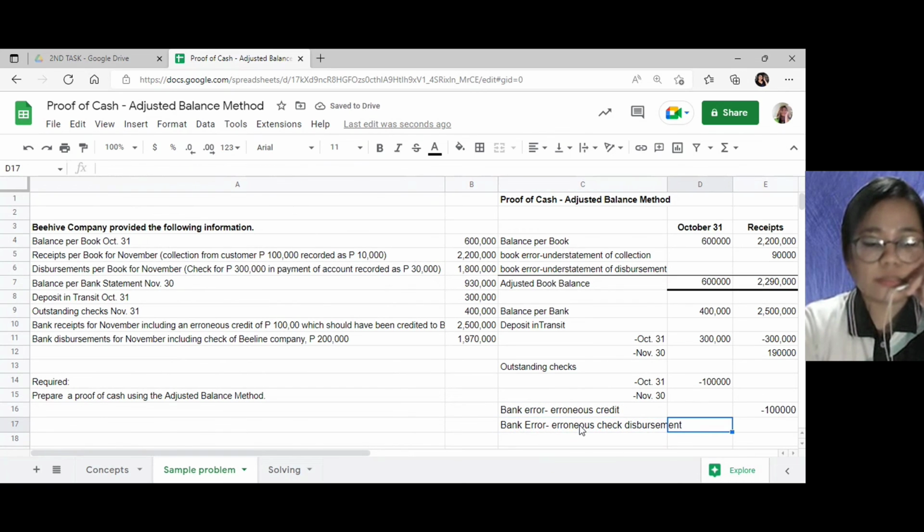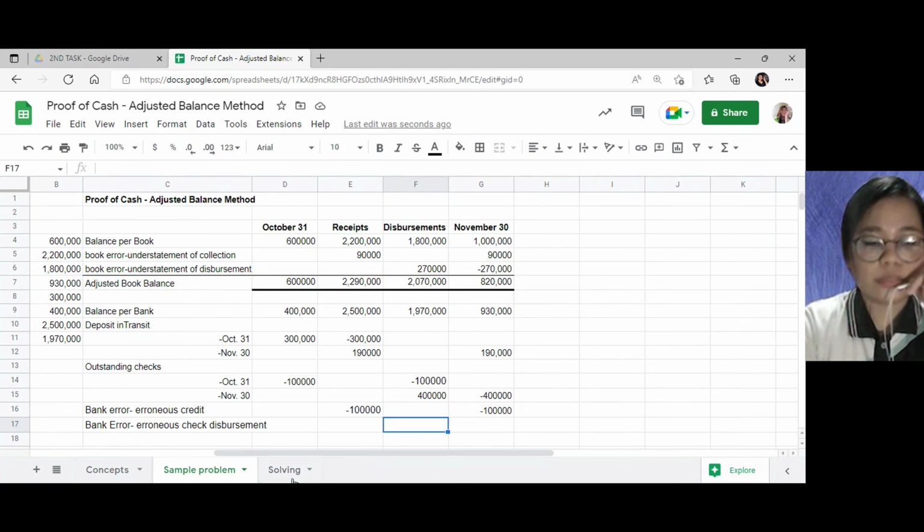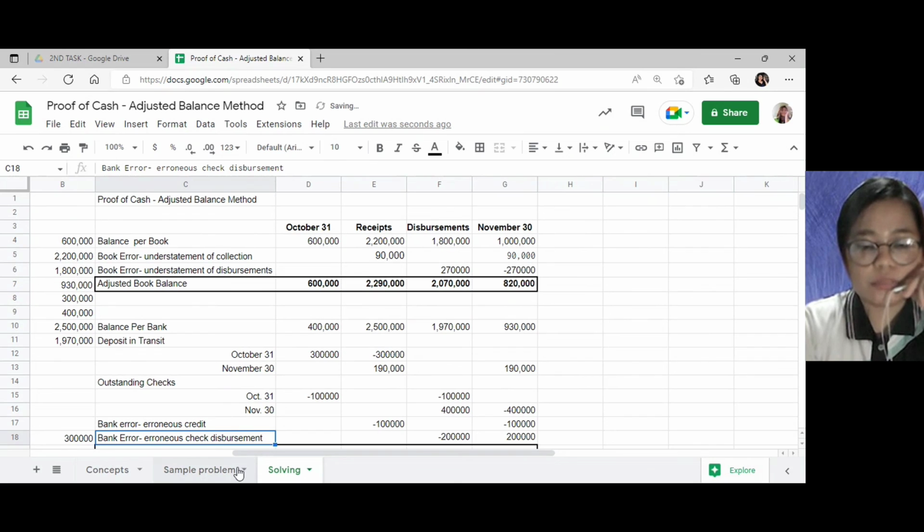The another bank error naman natin that we have here is an erroneous check disbursement. Okay, so this is an erroneous check disbursement reflected in the bank debits. So dapat sana itong check disbursement na to ay kay Beeline, pero na-debit siya sa account ni Beehive.